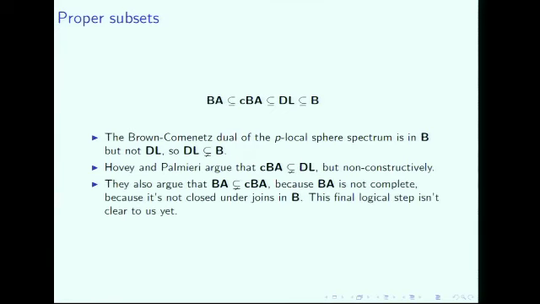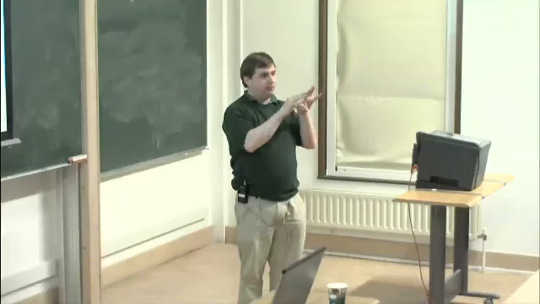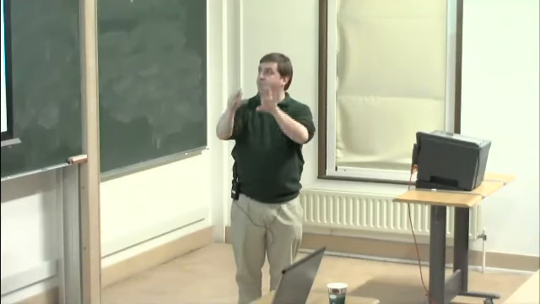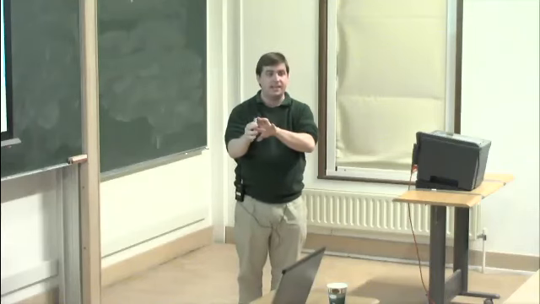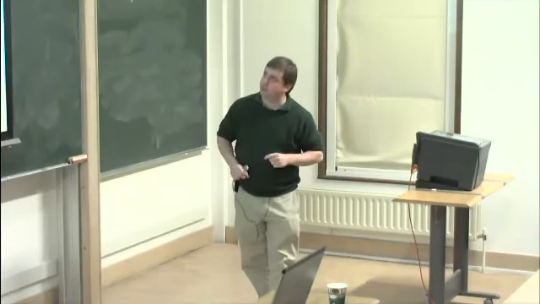Now, they also argue that BA is a proper subset of CBA, because BA is not complete, because BA is not closed under joins in B, as we saw with the K(n)s. But in that final logical step, you've got to distinguish between potential joins in BA and potential joins in B. So that's a bit unclear.